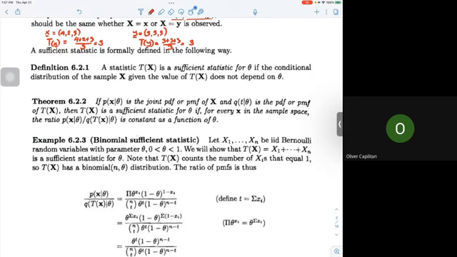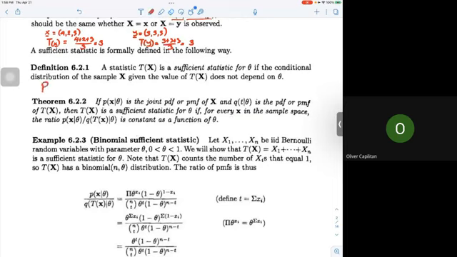In other words, if the conditional distribution of our sample X equal to this small x here, mga bold yan siya, given, no? Given, baliktad. Dito pala sa taas yan. Nasa definition tayo.